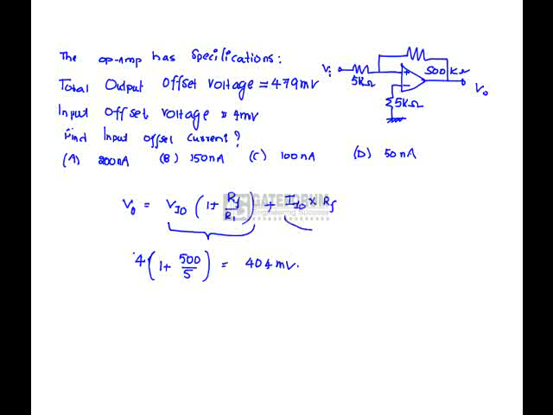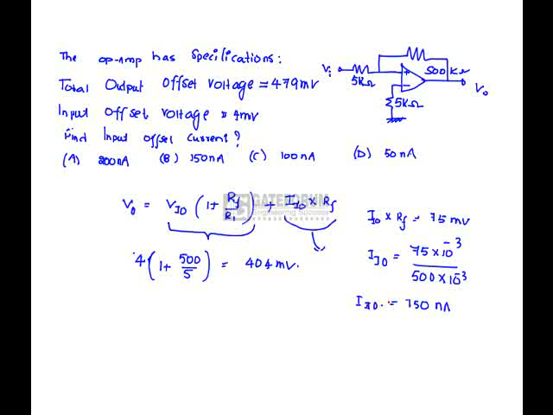So the offset output voltage contributed by the input offset current, that is IIO into RF, equals 75 millivolts. So input offset current is 75 into 10 power minus 3 divided by 500 into 10 power 3, so 150 nano amps is the input offset current, hence option B is correct.